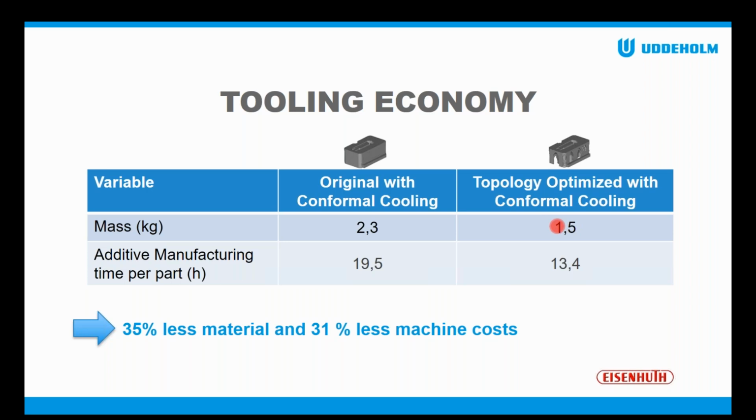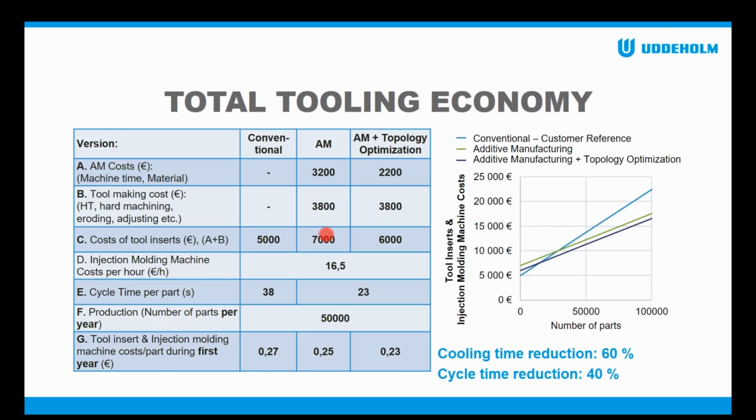So what does this mean? Well, if we compare the conventional tool, the cost of producing that one was 5,000 euros. And if we were to print this exact design, then it would be 7,000 euros. But now when we have topology optimized the tool, we can print it for 6,000 euros instead. So this is a decrease of approximately 15%, I believe.